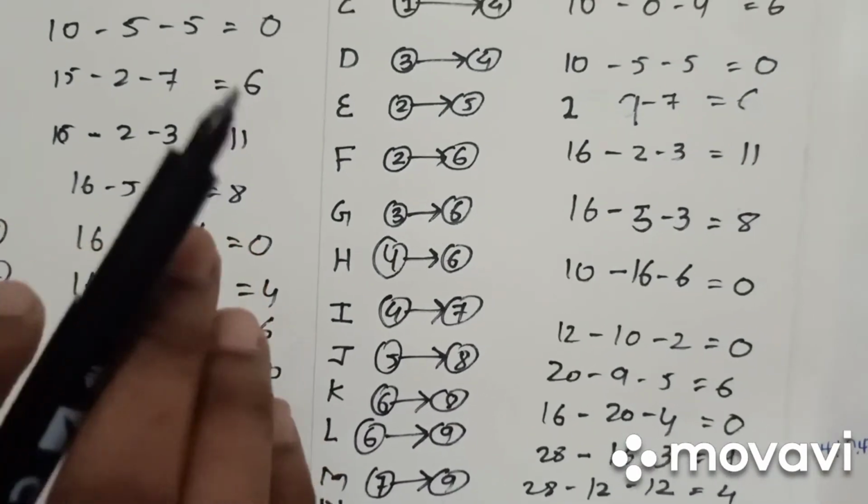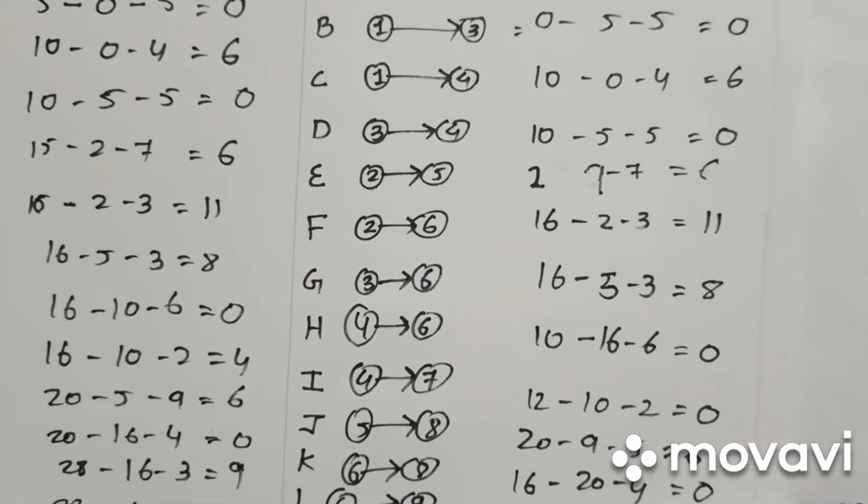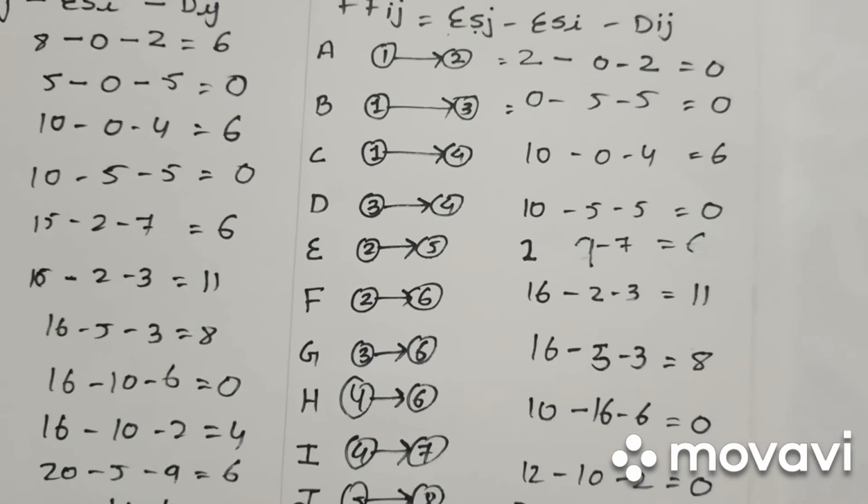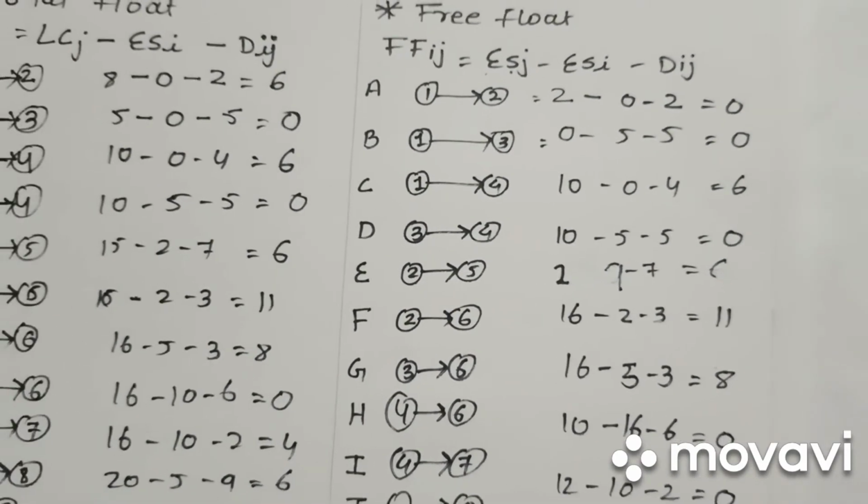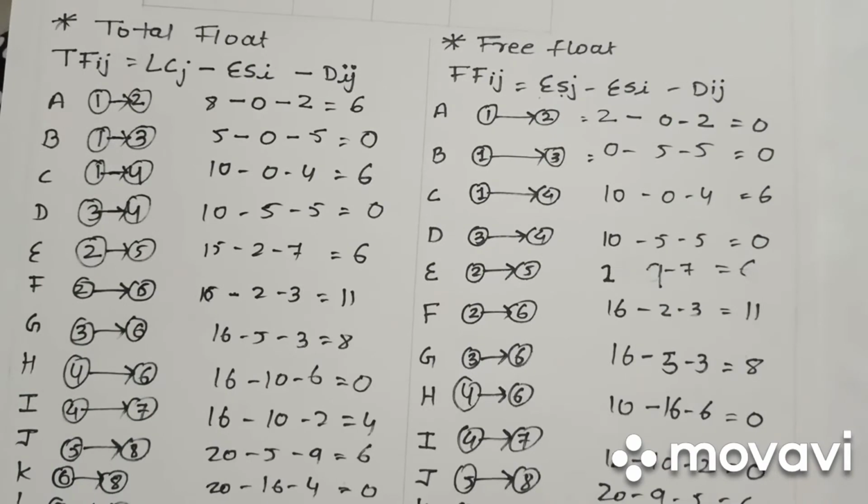Now we have to understand the free float and total float, and with the help of these we have to find out the critical path.